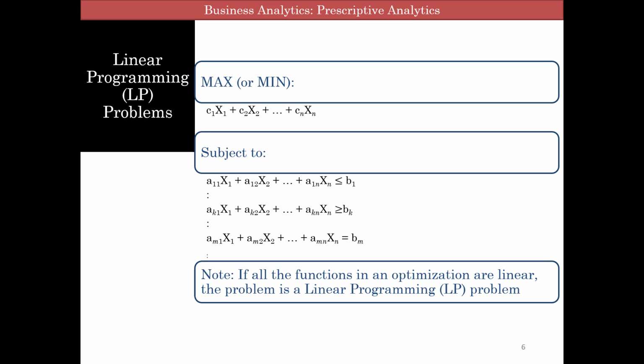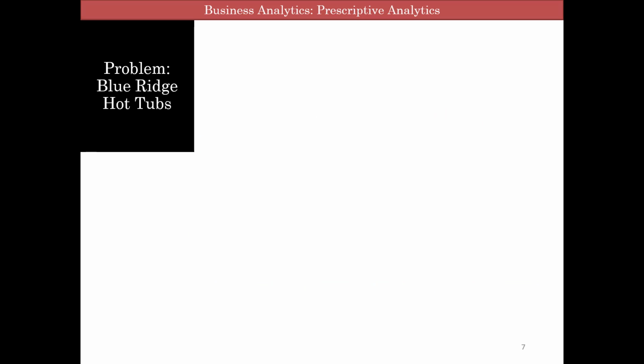Again, if all functions in the optimization are linear, it's called a linear programming problem. Even if one is not linear, then it becomes nonlinear, and that creates a whole bunch of new problems. When your problems are linear, you can guarantee that the solution you have is actually optimal.